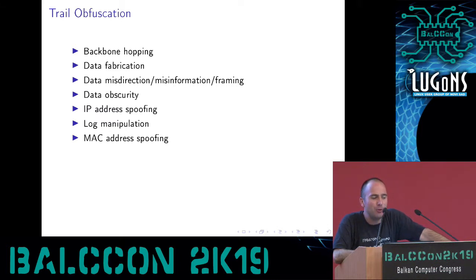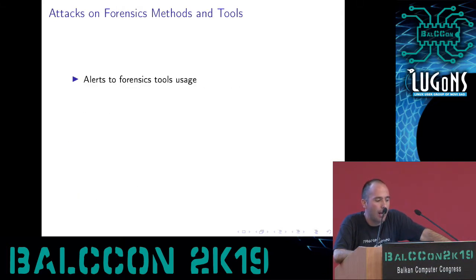We might be able to spoof IP address, but that is not as easily done because most ISPs won't allow that. We can use some proxy servers, Tor network, or some other methods. And what is also useful to know is that we can attack the forensic methods themselves.